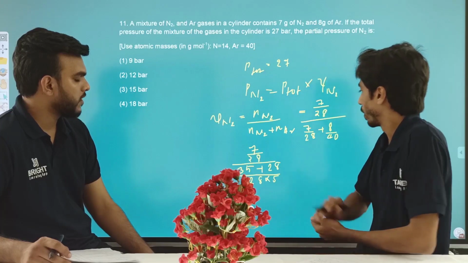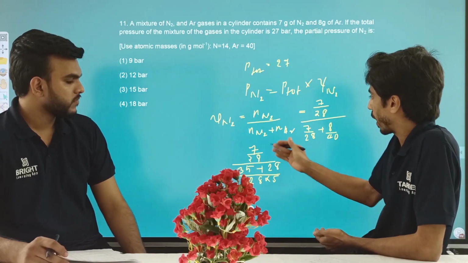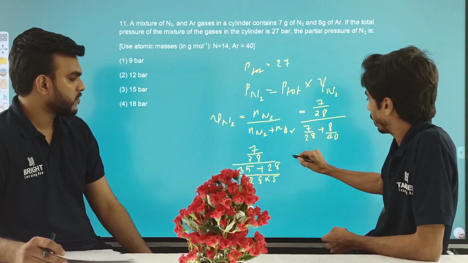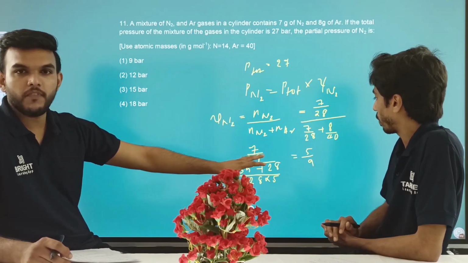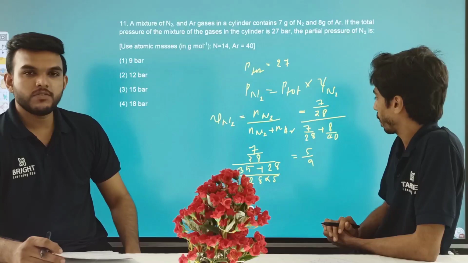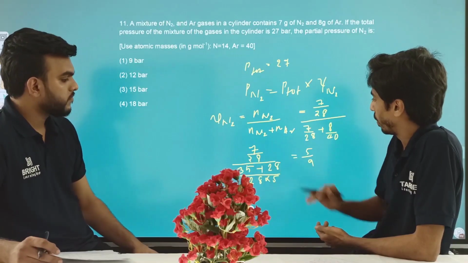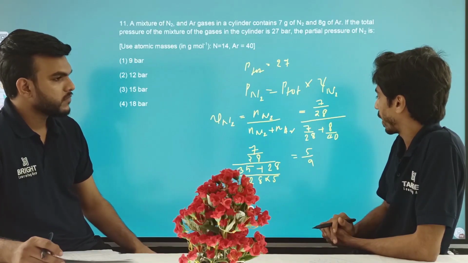That will be correct. If they go for that calculation, the final answer after simplifying will be 5 by 9, because the 28 and 28 easily get cancelled.